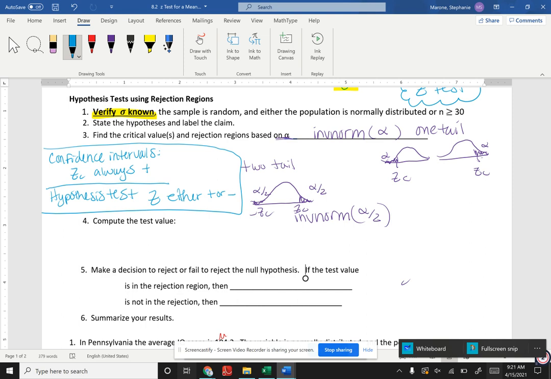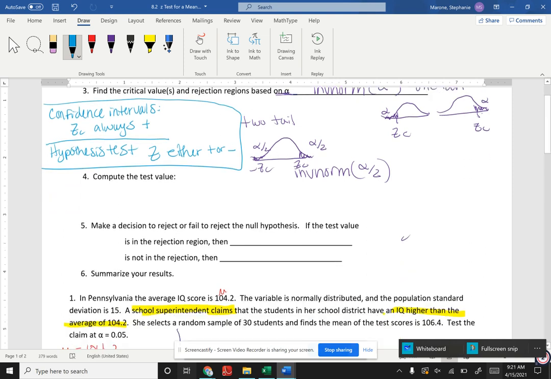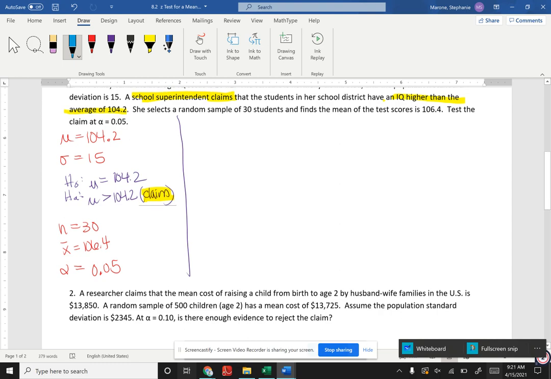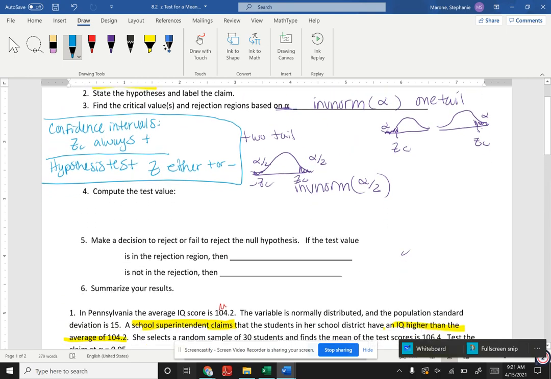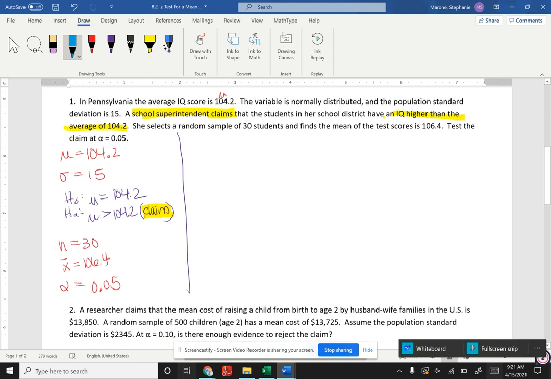So we know how to do all of that. The first problem is going to take the longest. So we find the critical values and the rejection regions. I know this is greater than, so it's going to be a right tail test. If you want to mark the mean as 0, you can. And alpha is 0.05. Since it's a right tail test, Z sub C is going to be positive.